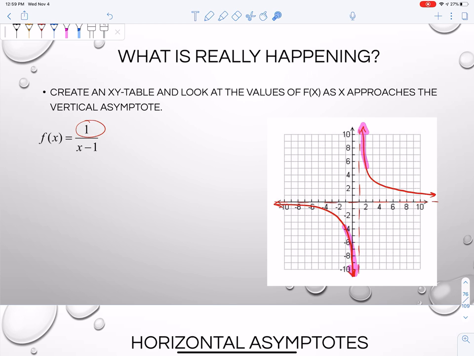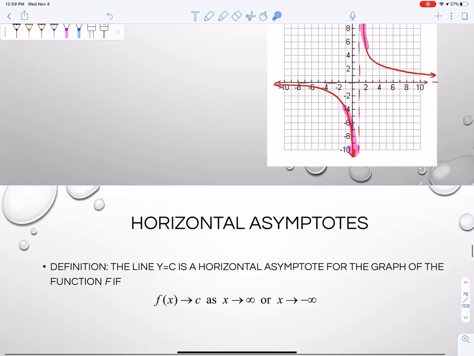In terms of a vertical asymptote, I can never ever cross, I can never touch them. Horizontal asymptotes, I won't cross them as I go to positive or negative infinity, but it is possible for a graph to cross over completely, or possibly to cross it and then approach it from the other side. And we'll see what that looks like as we go through a couple of these graphs.